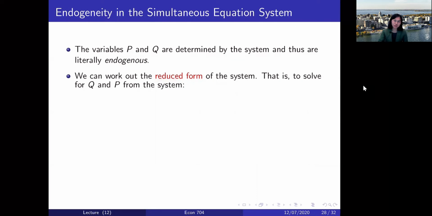The reduced form is the equations that we obtain when we write P as a function of the demand and the supply shifters, and Q also as a function of the demand and supply shifters, but not a function of each other. So we solve for Q and P from that system and obtain those equations, and those equations are the reduced form of the system. So how do we solve it?